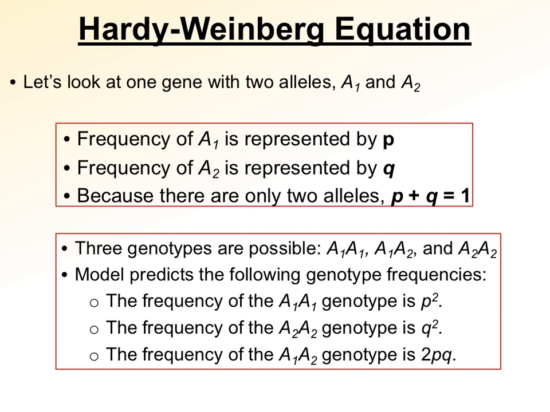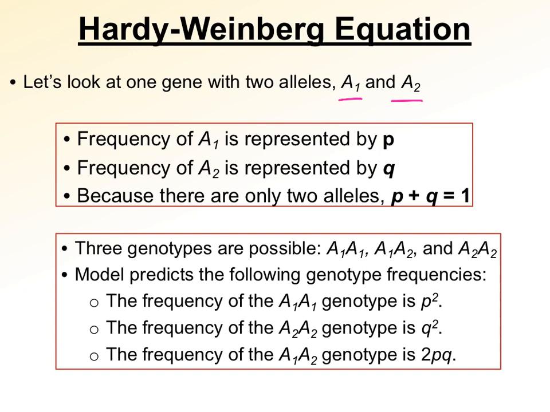And when we do this, we know there are lots of situations in which there are more than two alleles for any given gene. But here we're going to look at the simple way to do this. Let's just assume for the sake of argument that there are only two alleles for any given gene. And so we're going to look at gene A, and we're going to say there are two alleles, A1 and A2.